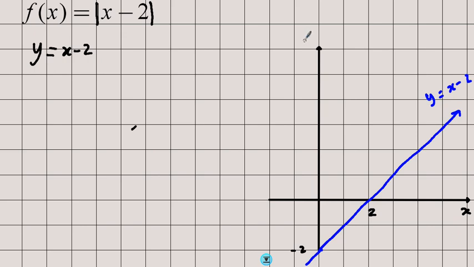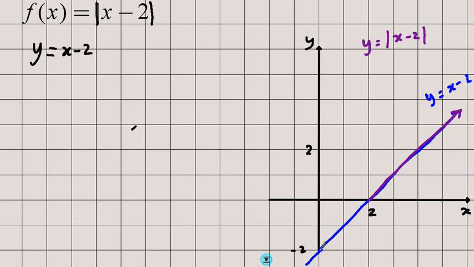This is x, this is y, this is 2. And if we want to sketch y equals the absolute value of x minus 2, it simply follows the same part of this curve because it's in the positive, but this part is reflected in the x-axis.